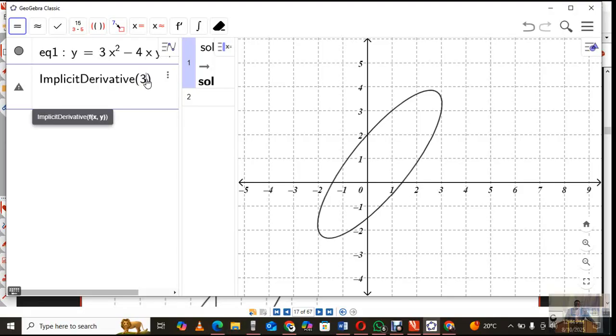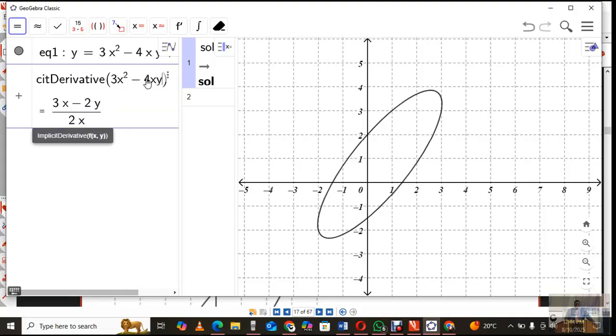Let's type it in there, 3x squared minus 4x, I'm just playing around, minus 4xy plus 2y squared minus 6.